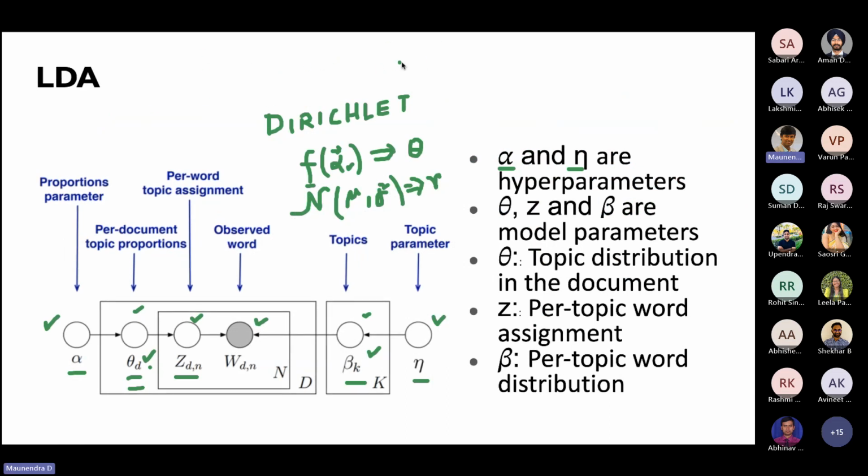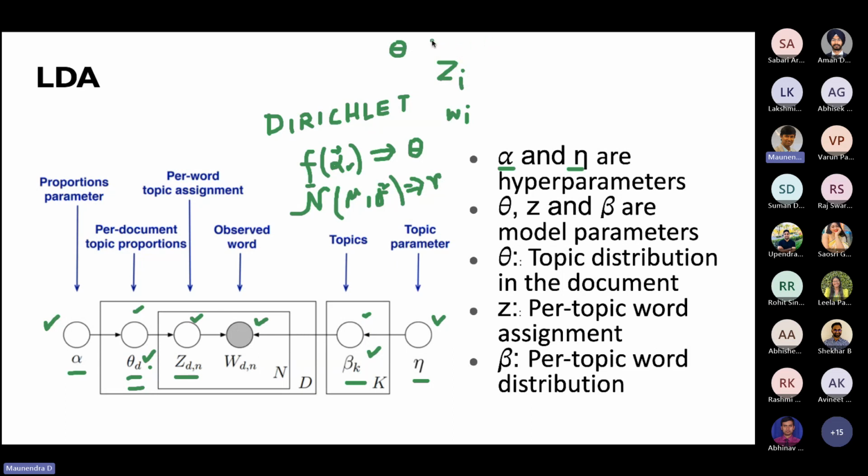In this generation process, let us write zi and wi. So we start with some theta vector, which can be something like 0.8, 0.05, 0.15. Now, what is the first topic?